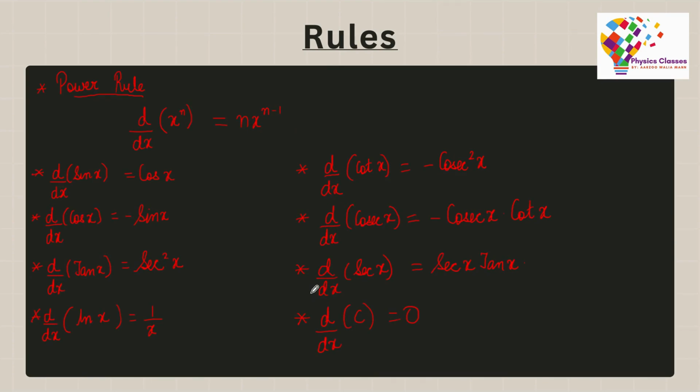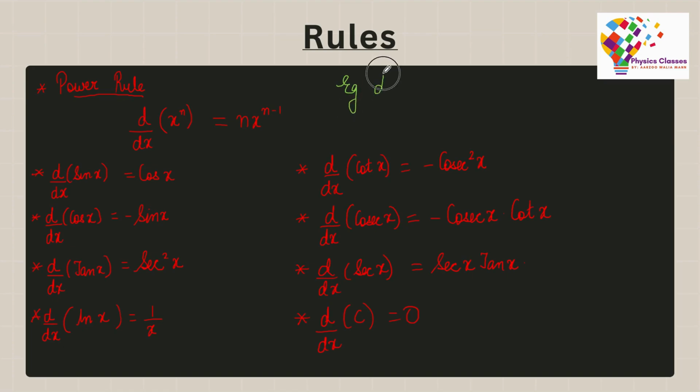Now let us look at the rules for differentiation. The first one is the power rule. Suppose I want to differentiate x to the power n with respect to x. Then d by dx of x to the power n would be equal to n x to the power n minus 1. This is a direct formula which you can learn and implement wherever required. For example, let's take a question here.